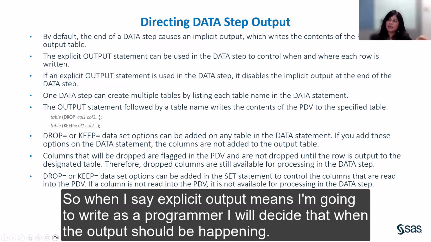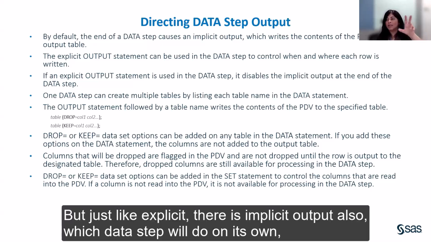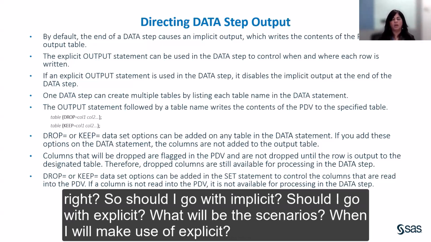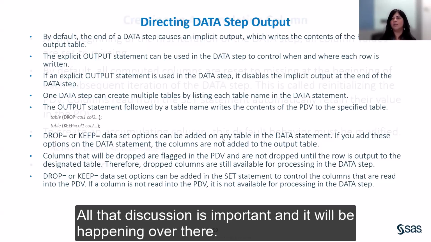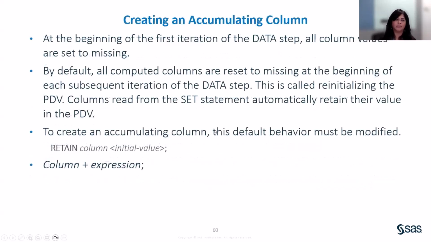When I say explicit output, it means I am going to write it as a programmer; I will decide when the output should happen. But just like explicit, there is implicit output also, which the data step will do on its own. So should I go with implicit? Should I go with explicit? What will be the scenarios when I will make use of explicit? All that discussion is important and it will be happening over there.